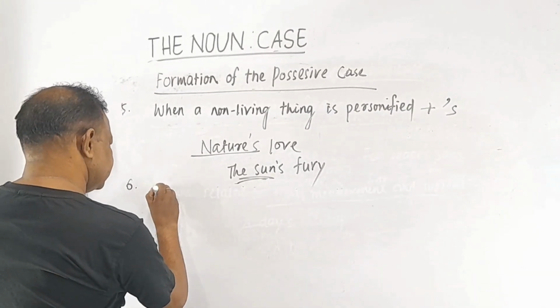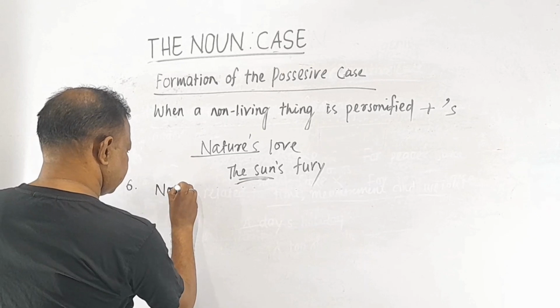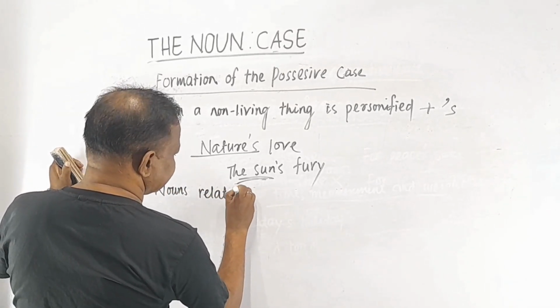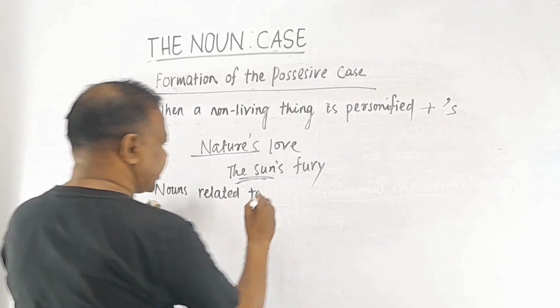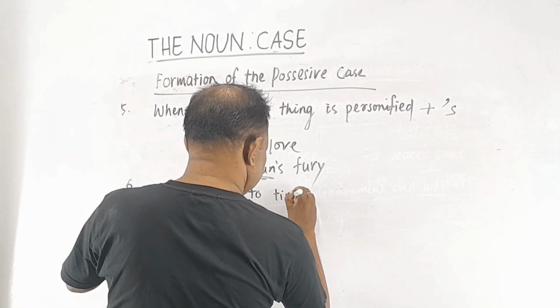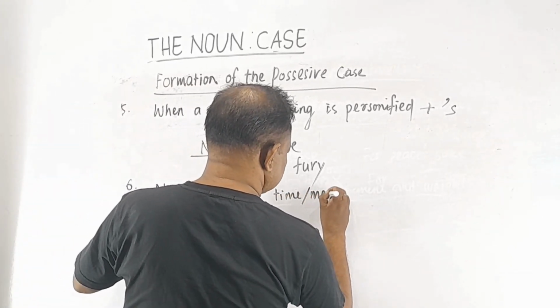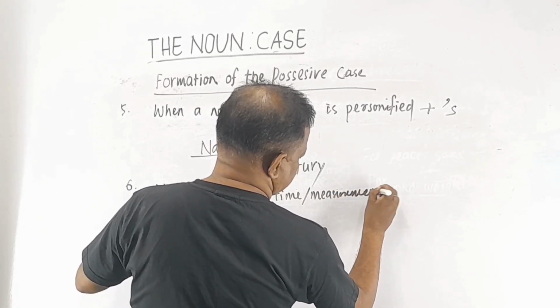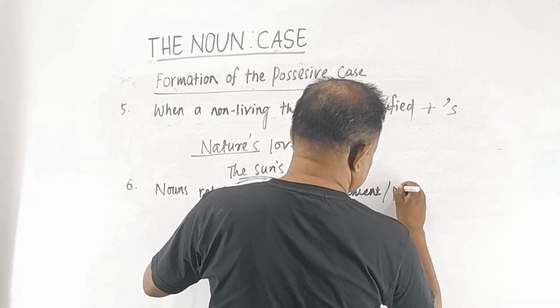Rule number 6. Nouns related to time, measurement, or place.